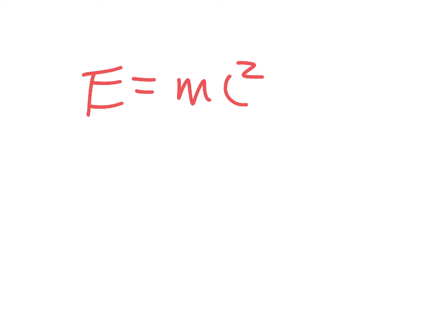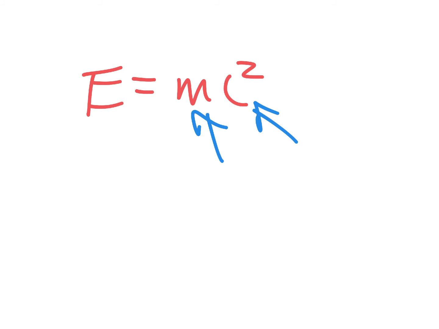This is important terminology. If I say it's solved for E, it's in terms of M and C. In terms of means what things are in the answer. It's got M's and C's in the answer. So if I say it's solved for E, you also have to know it's in terms of M and C.